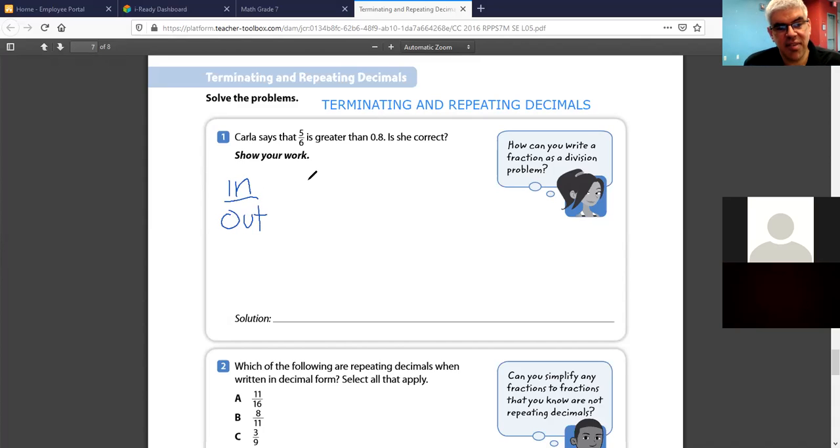And so if we have 5/6, out is the 6, in goes the 5. And after we divide, we need to see if this is going to be equal, greater than, or less than 0.8.